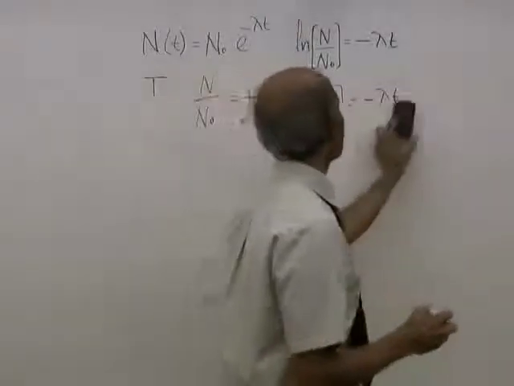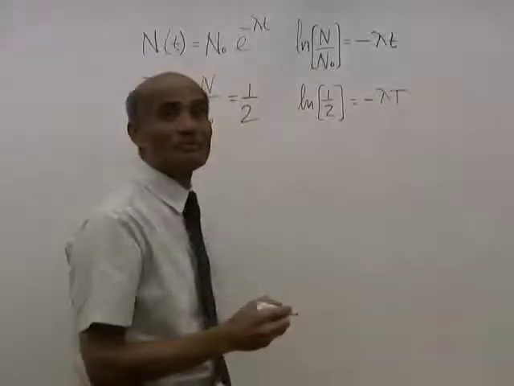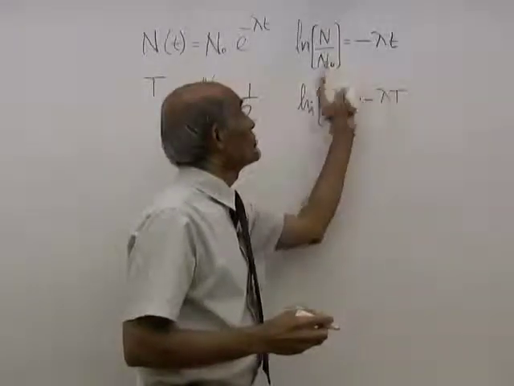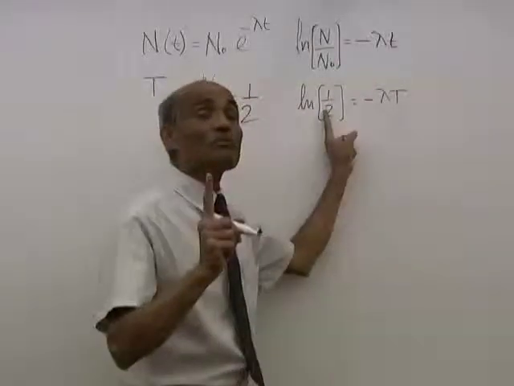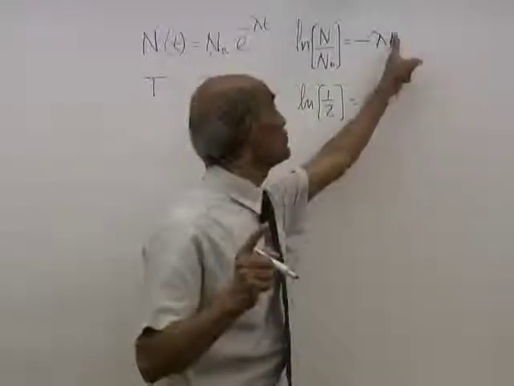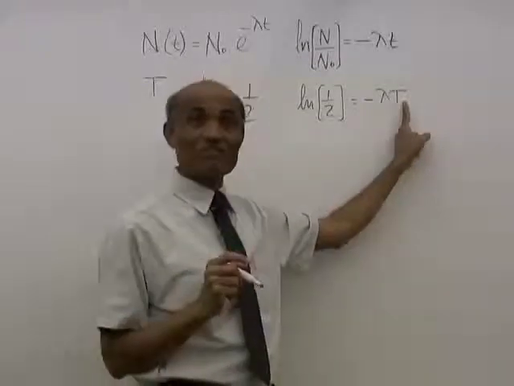So I can now replace this t by the half-life period. I hope you understand. We replaced N over N0 by 1/2. Now N over N0 becomes 1/2 in one half-life period. So this t is now equal to the uppercase T, which is the half-life period.